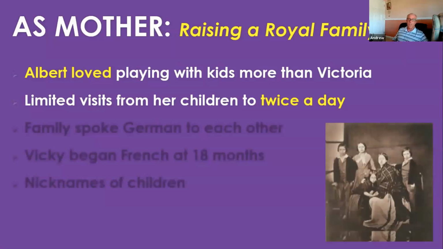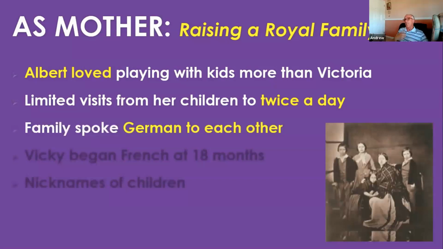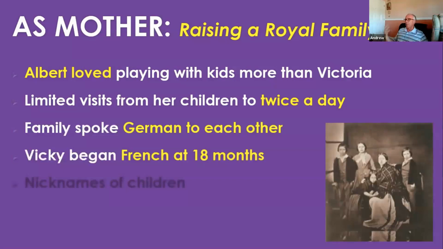They'll show the mother something that they've learned, in French or German, or something from the schoolroom, or a dance. They'll also see her just before they go to bed, while she's dressing for dinner. So usually twice a day.